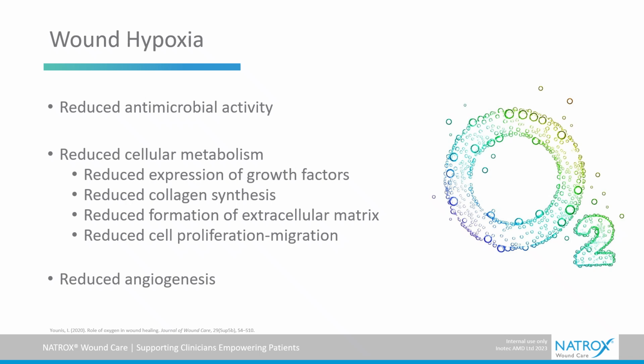It also decreases cellular metabolism, such as the expression of growth factors, collagen synthesis, the formation of an extracellular matrix, and also results in reduction of cell proliferation and migration. Lastly, wound hypoxia also contributes to reduced angiogenesis.